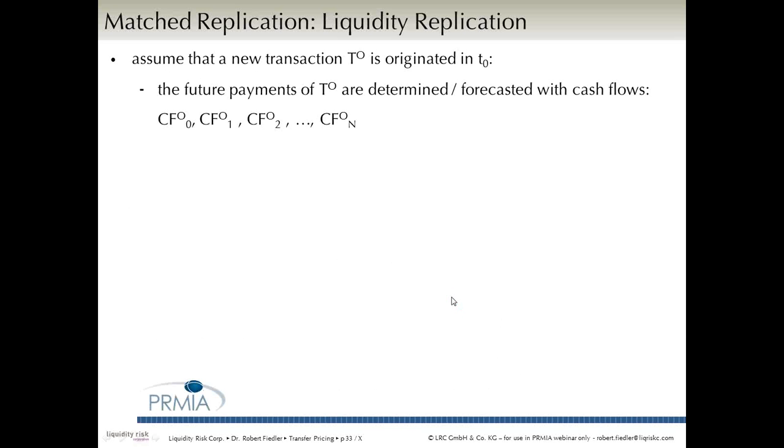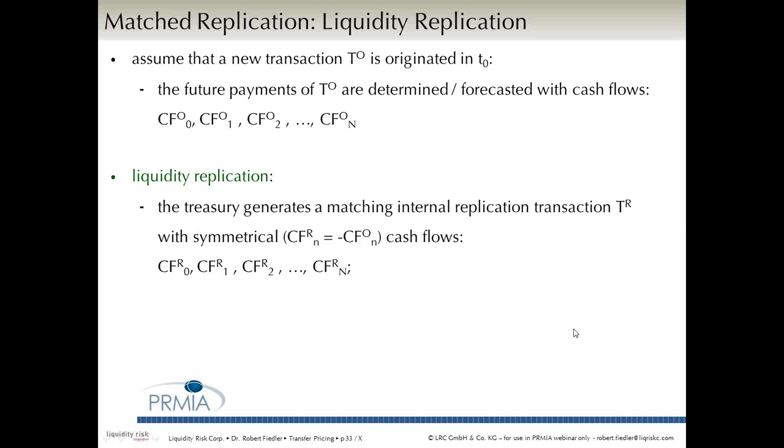Look at the following. Liquidity replication. We assume this is the originated transaction, T0. It has future payments which we forecast, and then the replication is simply the Treasury says we generate a matching internal replication with symmetrical cash flows.